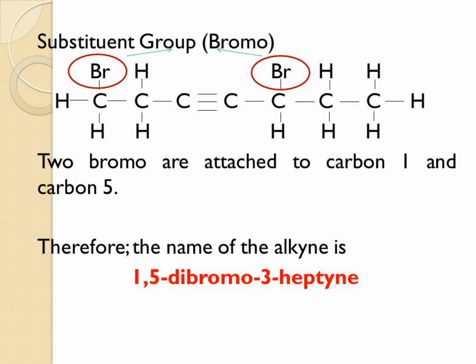In the next example, we will use the substituent group bromo. That's the Br attached to the carbon 1 and carbon 5. So the name is 1,5 because the substituent group bromo are attached to carbon 1 and carbon 5, and we will use the prefix di because there are two bromo. So dibromo and 3-heptyne.